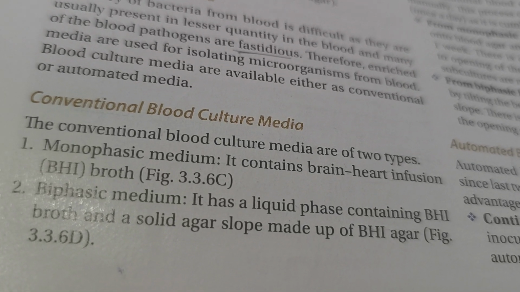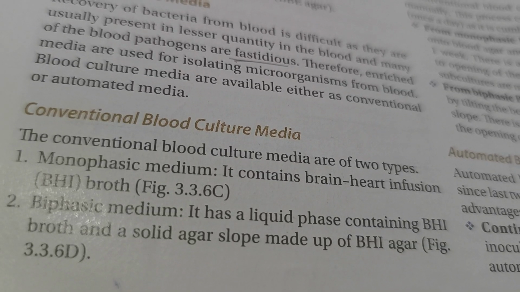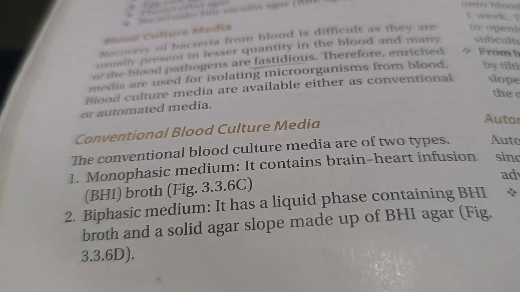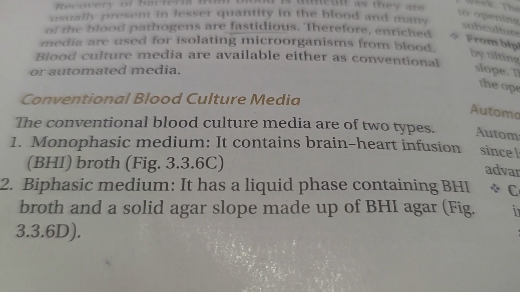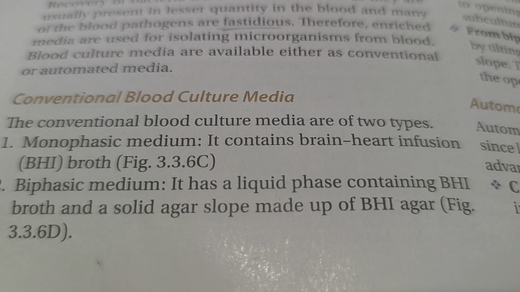are of two types: monophasic media, which contains brain heart infusion broth, and biphasic media. It has a liquid phase containing BHI broth and a solid agar slope made up of BHI broth.